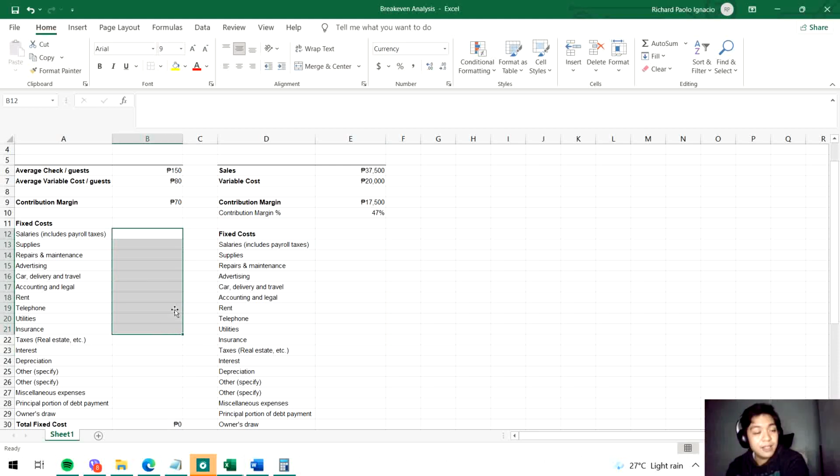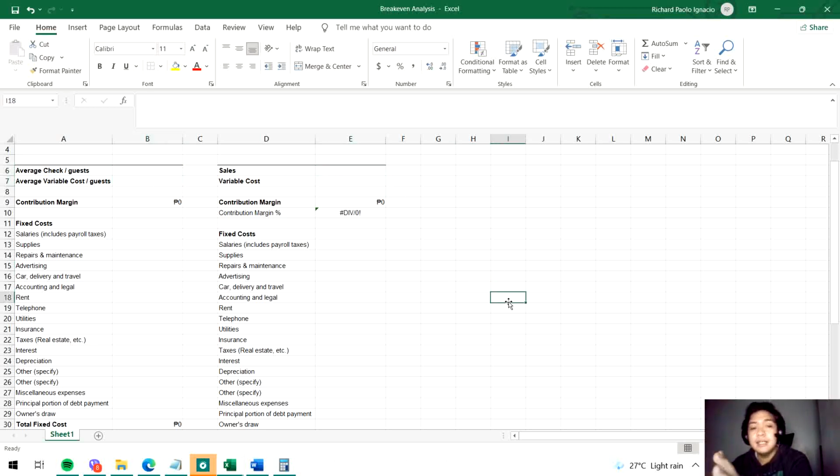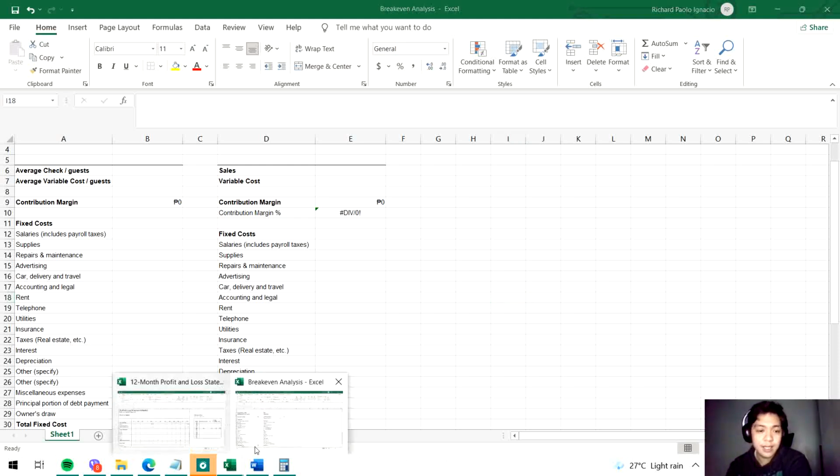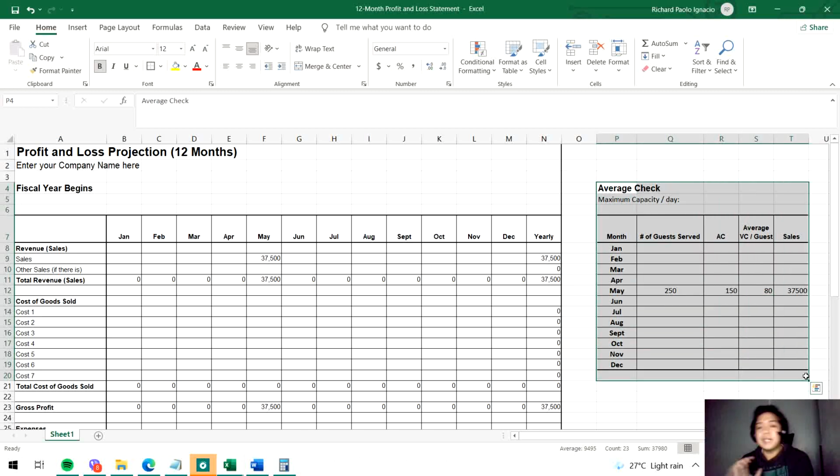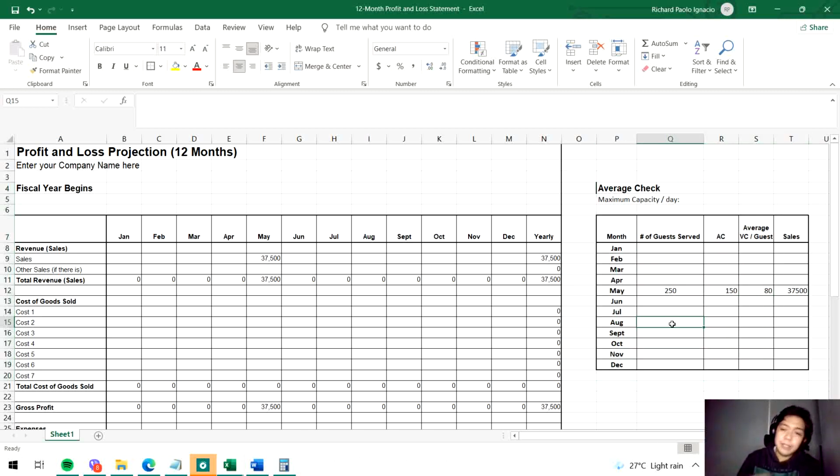Kasi iba-iba naman ng fixed cost yan, iba-iba ng average check yan, iba-iba ng variable cost yan. Iba-iba lahat. Magdadepende yan sa inyo as the business owners. And it will depend here in this table. Kaya importante na meron din tayong table na to.